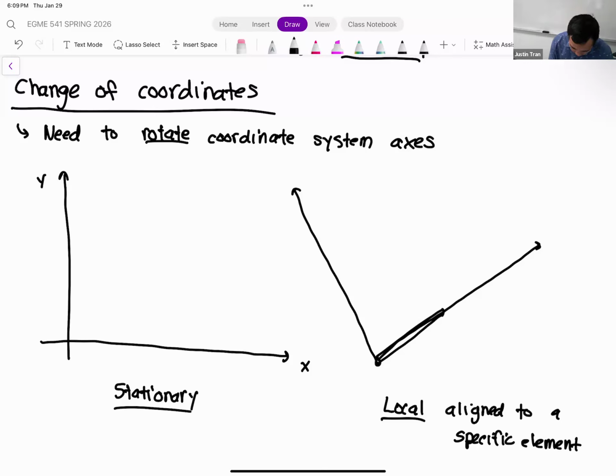All right. So one thing that's going to be important so that we can relate the two coordinate systems: since we are just doing a simple rotation, one way that we can define the local coordinate system relative to the stationary one is by some kind of rotation angle. So this angle here, theta, is the amount that we're rotating in order to get into our local coordinate system.